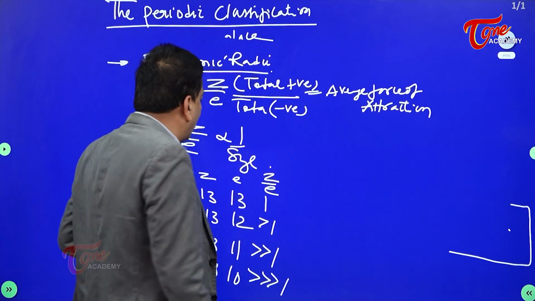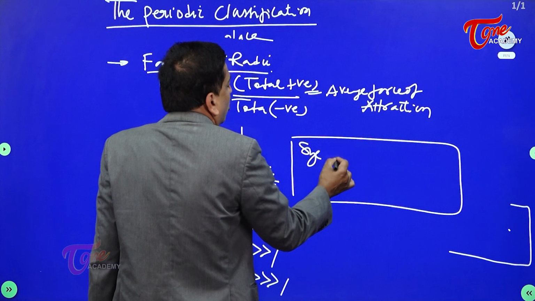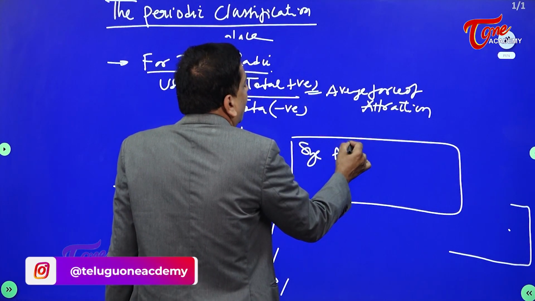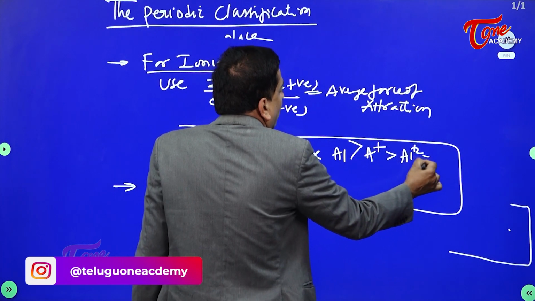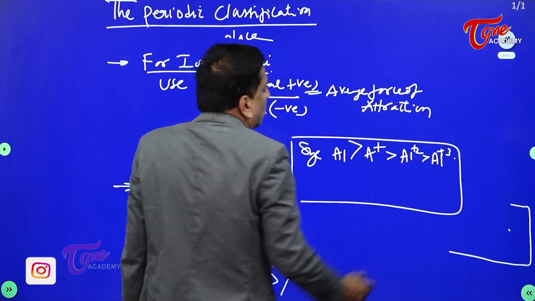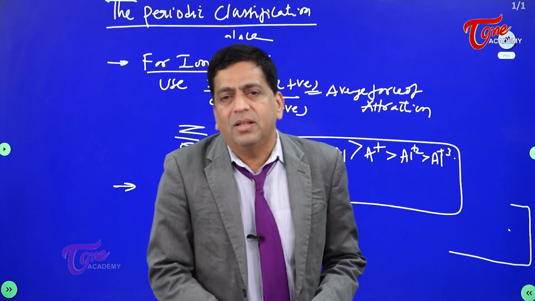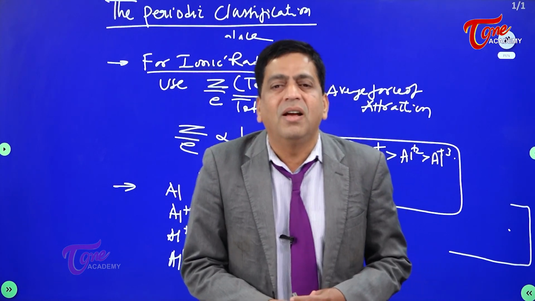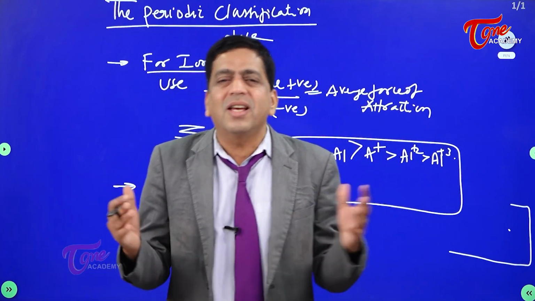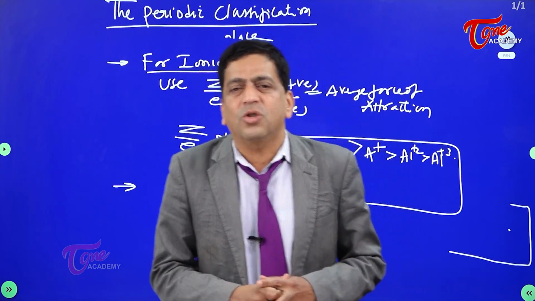Z by E is inversely related to size. So the size trend is Al greater than Al plus, greater than Al plus 2, greater than Al plus 3. The moment you remove one electron from an element, it forms a cation, and the size goes on shrinking if you further remove electrons.